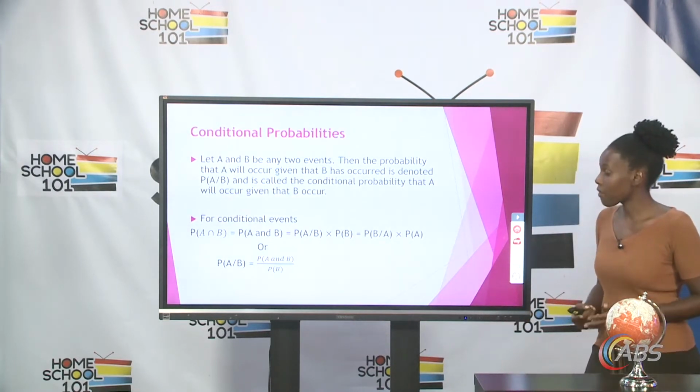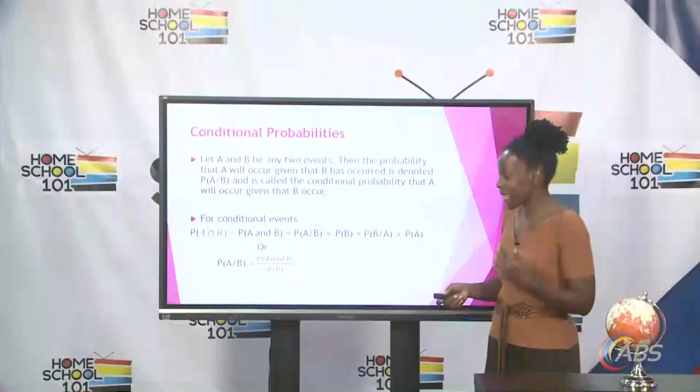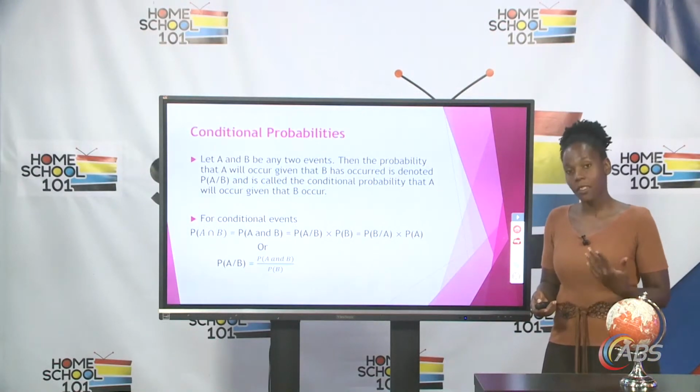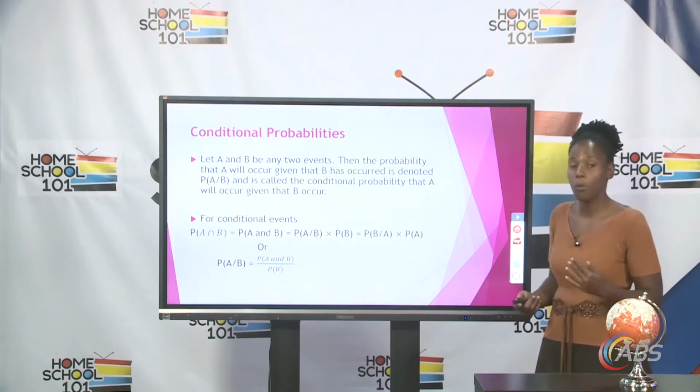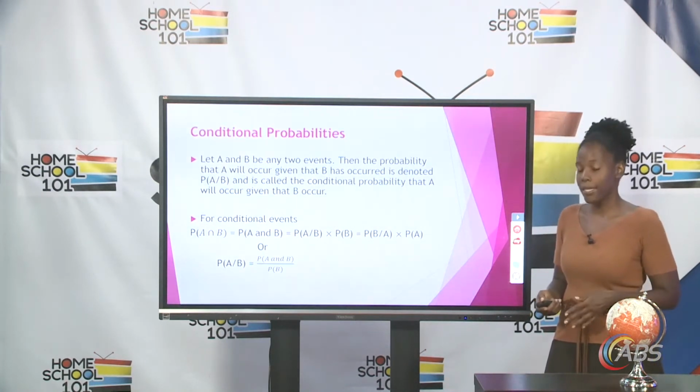The probability of A given B is equal to the probability of A and B divided by the probability of B. Always note, whatever event has occurred, that is the event whose probability would be placed in the denominator.